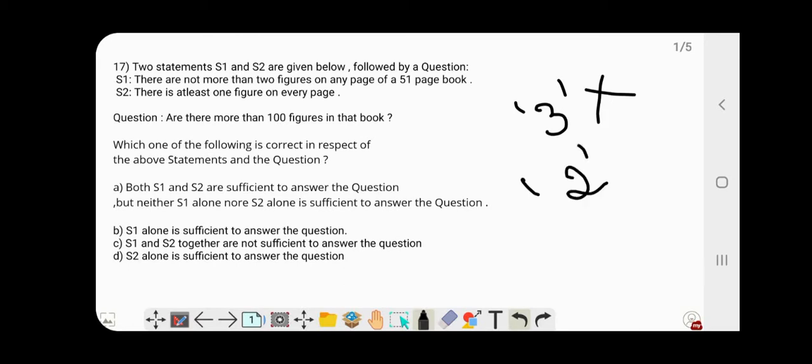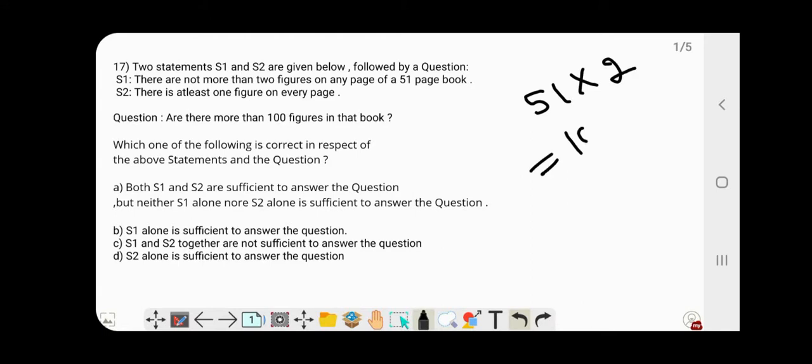Okay, so let's assume that we have two figures because that's the maximum on every page of the book. Then we will have 51 into 2, that is 102 figures. So the question asks us whether there are more than 100 figures. There is a possibility because the maximum is 102.